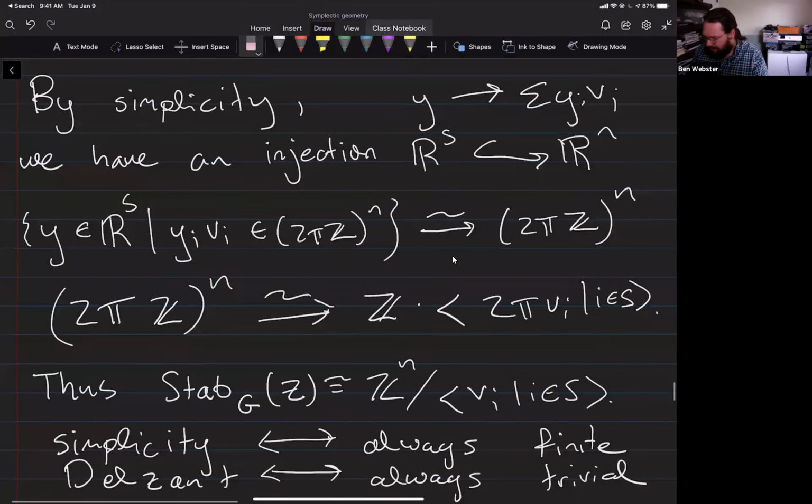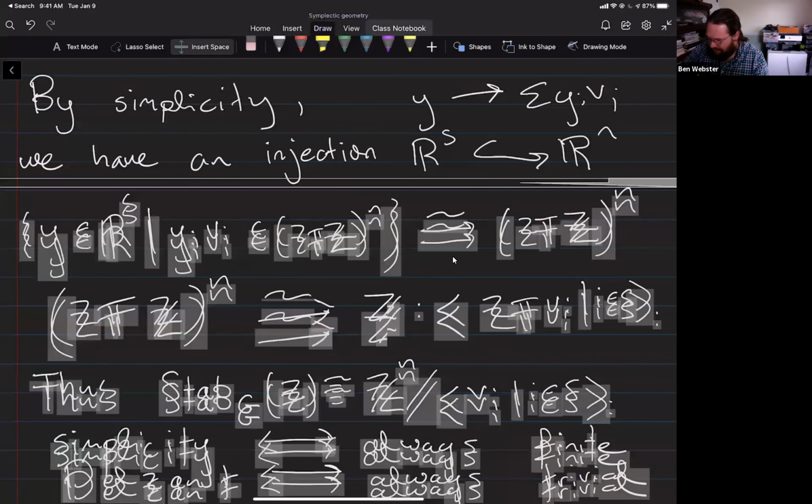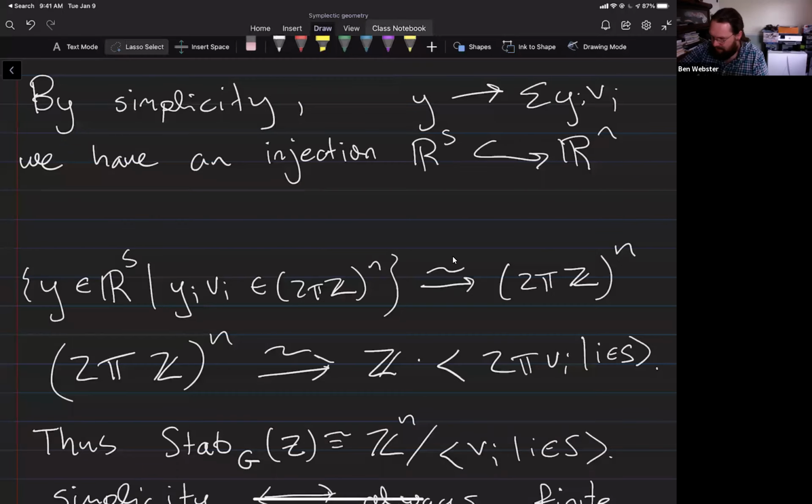All right, so I lied a little bit here. What I'm actually getting is, if v is a vertex, then let's see what's happening there.